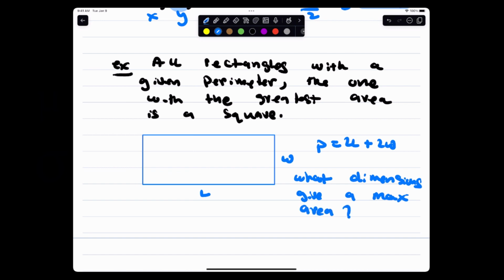Okay, this is kind of what they're really saying here. So when they say dimensions, they want to know what's your length, what's your width, that gives you a maximum area. It's kind of like if you have fence and property, you want to enclose the maximum area.